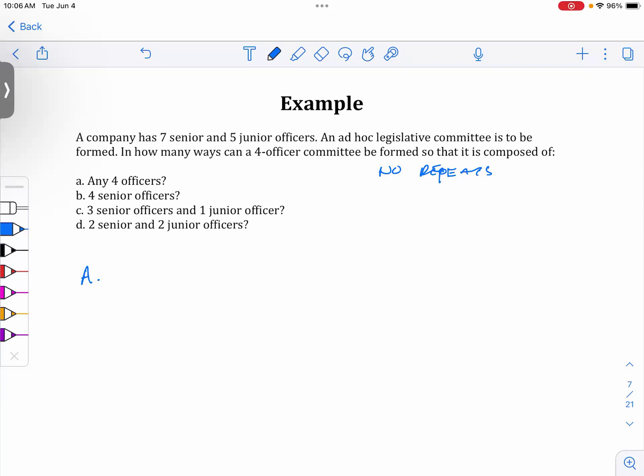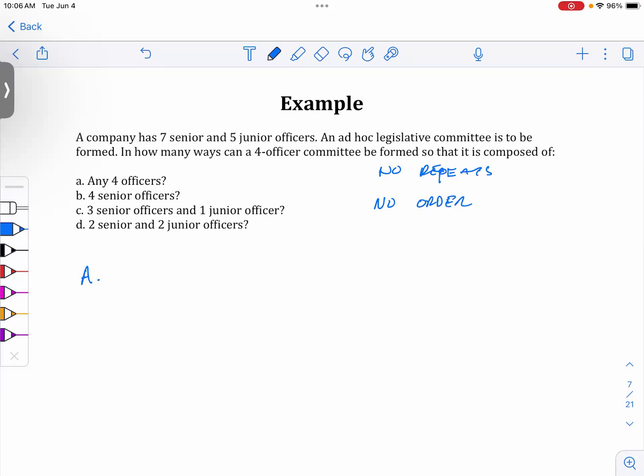We see 7 senior, 5 junior, 4-officer committee. They didn't specify the officers, so we are just identifying officers as everybody at this company. So there are clearly no repeats. We're pulling those people, and there is no order. It doesn't matter who we're selecting.